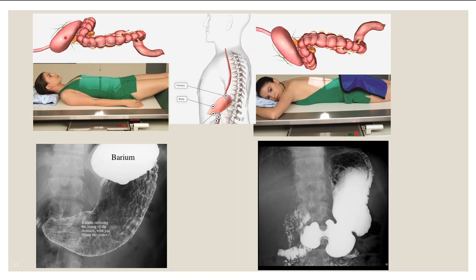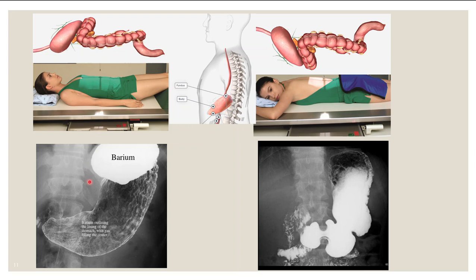So the barium would gravitate toward the fundus with the patient in a supine position, because you can imagine her fundus is closer to her spine back here, closer to the table, whereas her pylorus and body of the stomach are lying up towards her belly button, so the air or gas would rise up toward the body and the pyloric portion of the stomach.